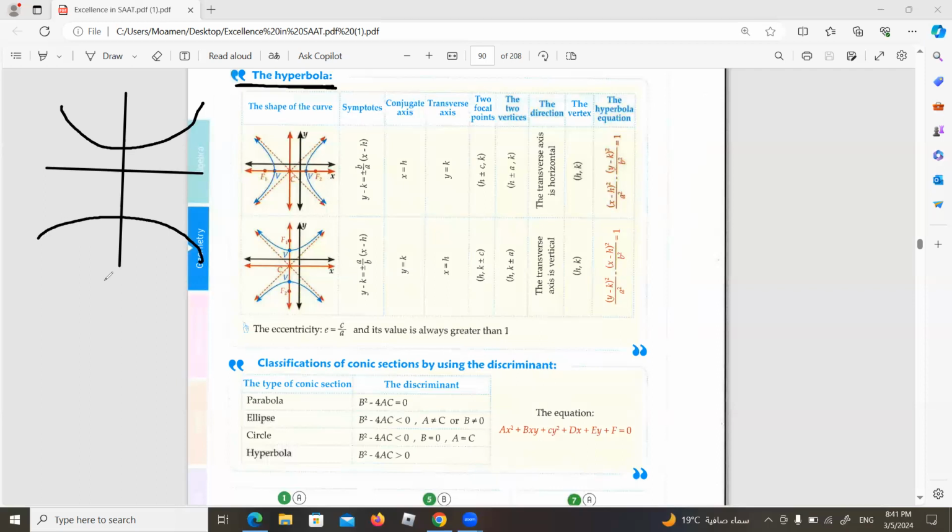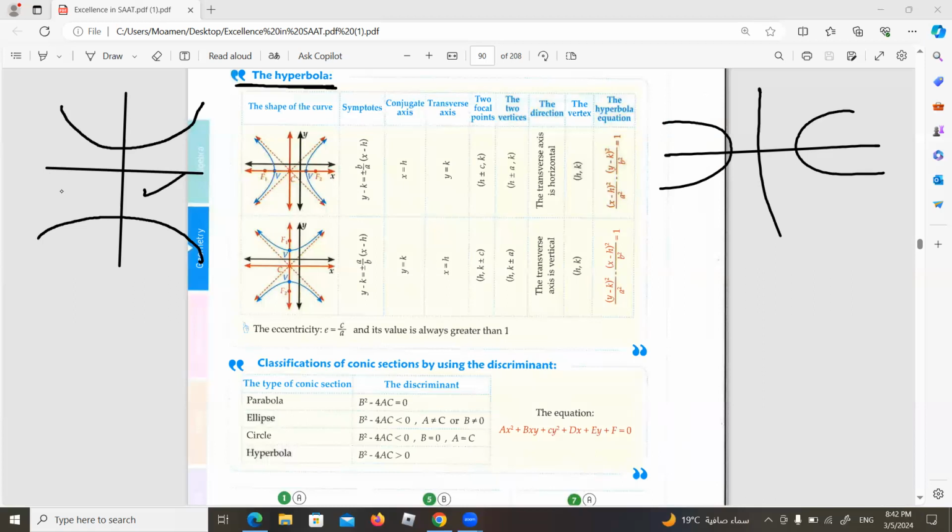It may be vertical, as you see, or horizontal. This is vertical, and in the other case, if we have curves at the right and at the left, it's horizontal. So the vertical and the horizontal hyperbola will start from the standard equation or the general equation.